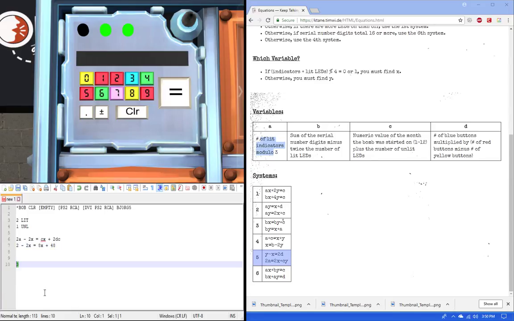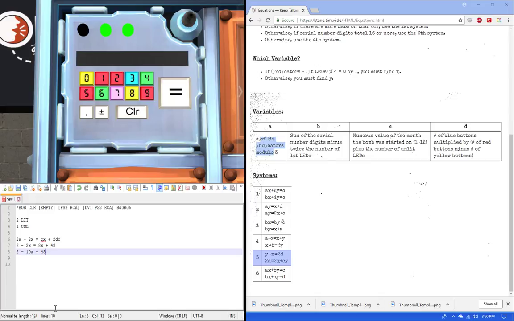Do some simple math here. I'm going to add 2x. So we're going to take 2x, add 2 to it. So actually, do it this way. So this is going to be 2 equals 10x because 2x plus 8x is going to equal 10x plus 48.